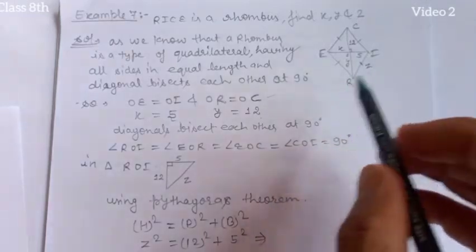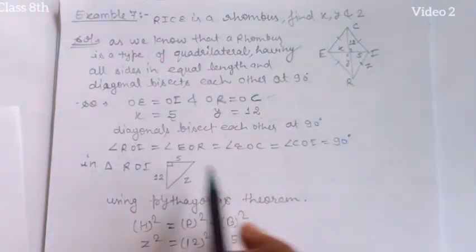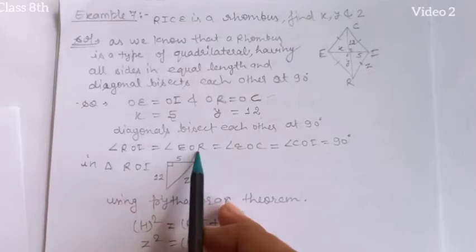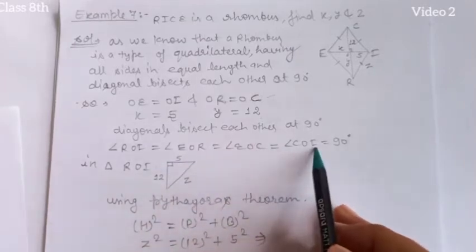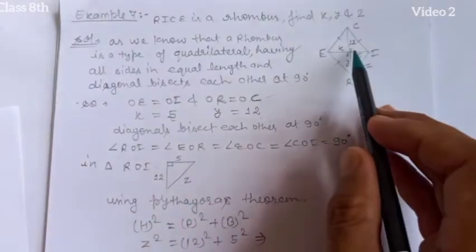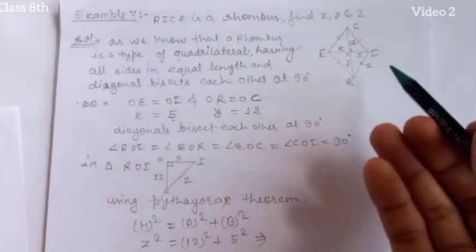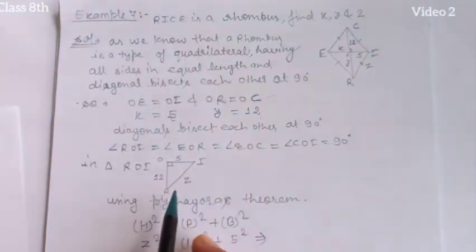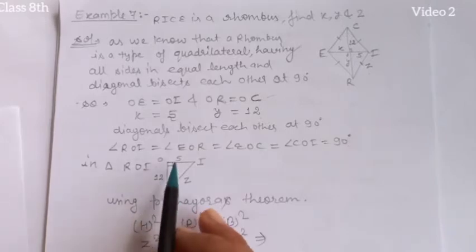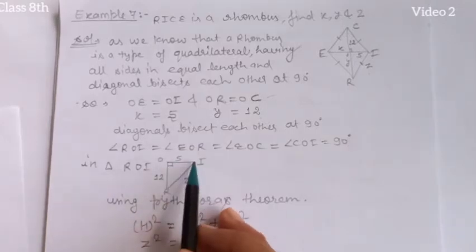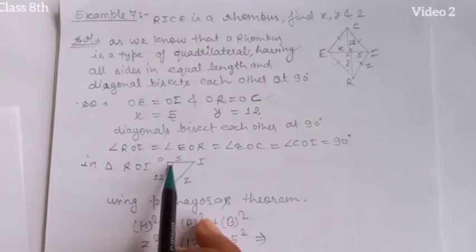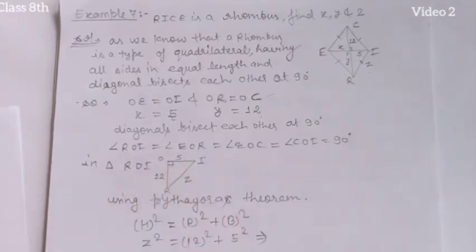The diagonals bisect at 90 degrees, so angles ROI, EOR, EOC and COI are equal to 90 degrees. Here is a copy of this triangle drawn. OR is 12, OI is 5, and we have to find RI. If one angle is a right angle, we can use the Pythagoras theorem here.